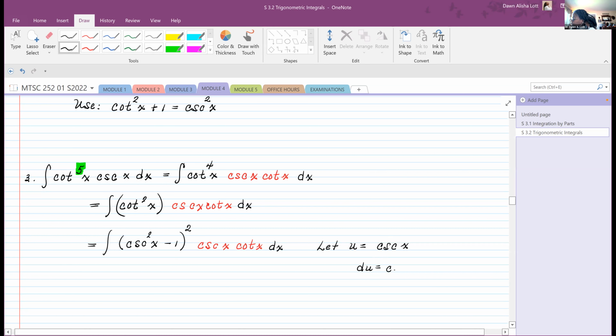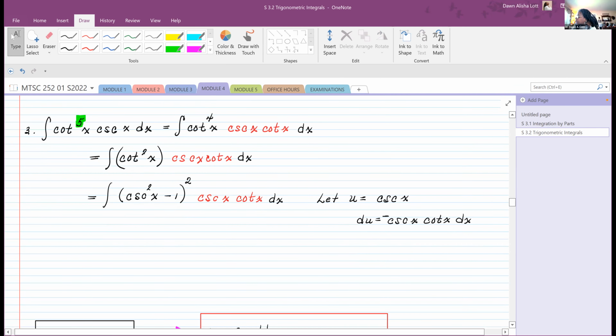It is cosecant x, cotangent x, but it's negative. So the thing we pulled aside, the cosecant of x, cotangent of x, dx, turns out to be negative du.